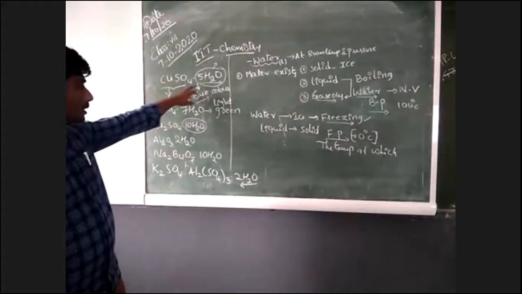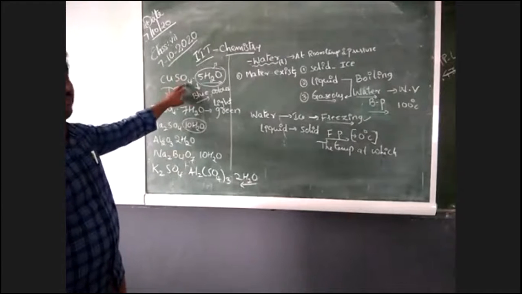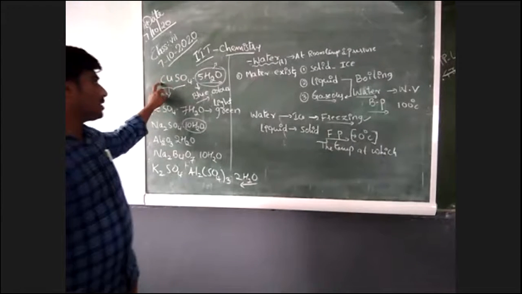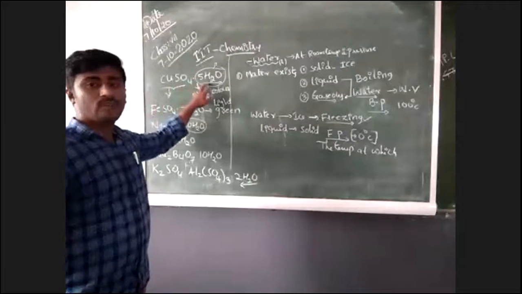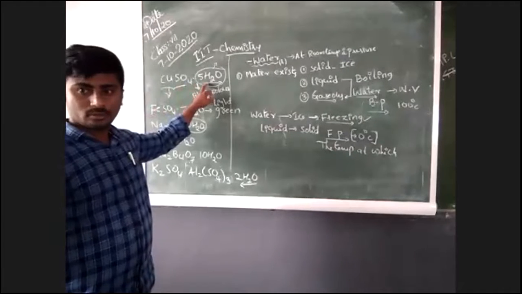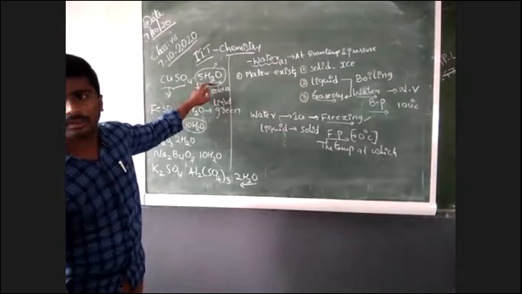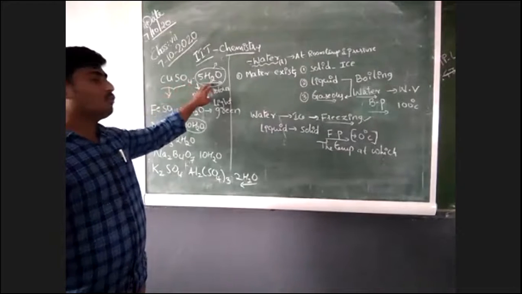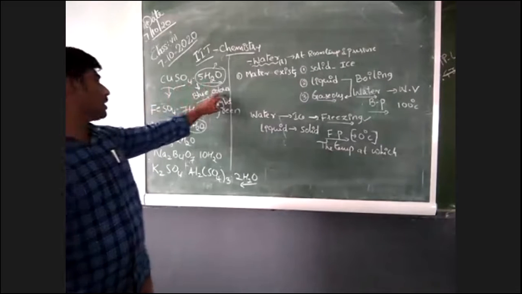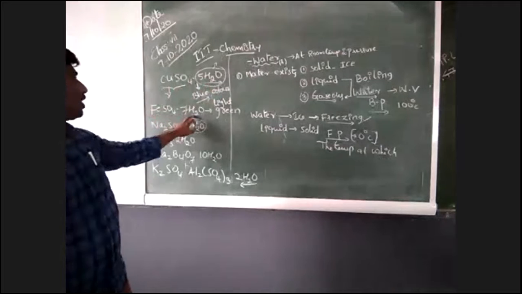So hydrated copper sulfate, CuSO4 5H2O, is blue in color. Iron sulfate 7H2O is light green.